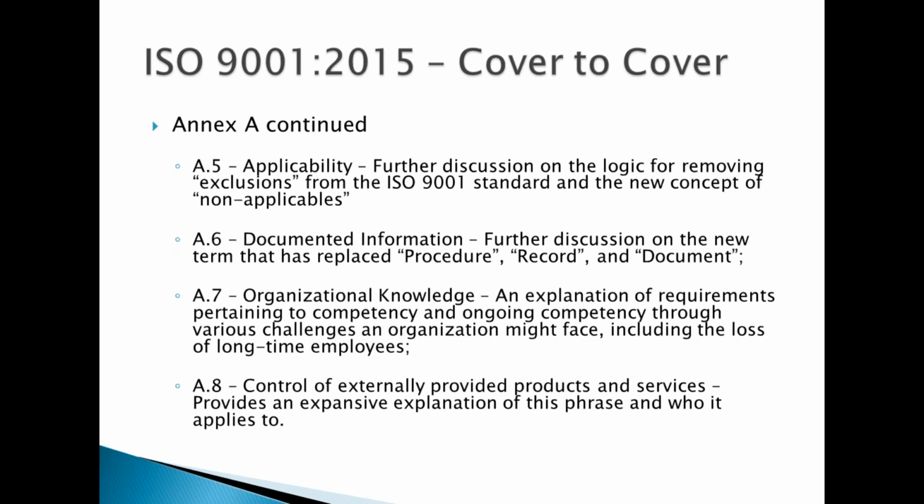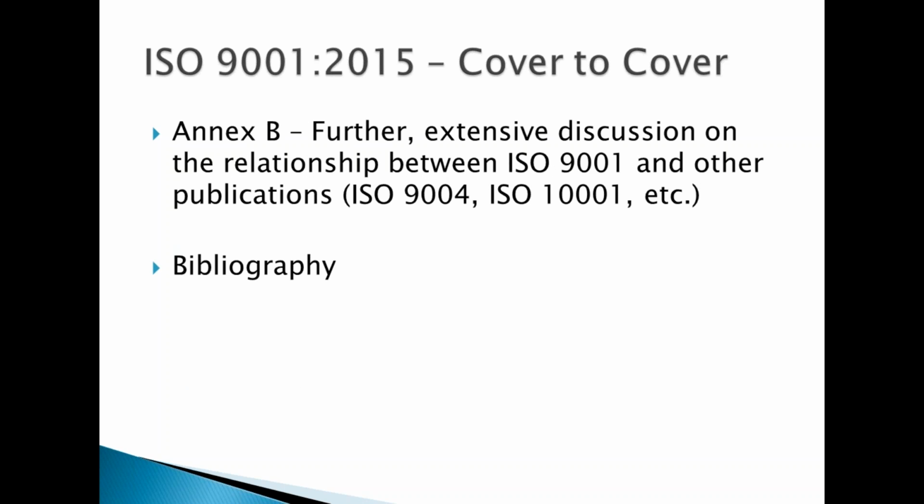And then A8, which we also looked at, the whole idea of what does it mean to be an external provider, what is it that you're intended to do. The standard then concludes with Annex B, which is an extensive discussion on the relationship between ISO 9001 and other publications, and a bibliography.